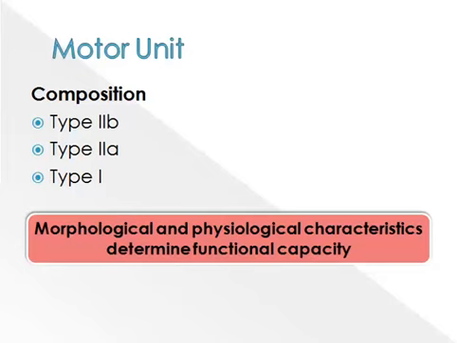The type 2B and type 2A are commonly referred to as the fast twitch muscle fibers. Type 2B can be referred to as fast fatigable because it has very low fatigue resistance, whereas type 2A is slightly more fatigue resistant. And the type 1 is commonly referred to as the slow twitch muscle fiber because the twitch response is fairly slow and low, but it can be sustained for a long period of time.